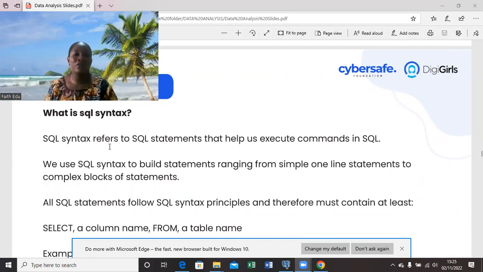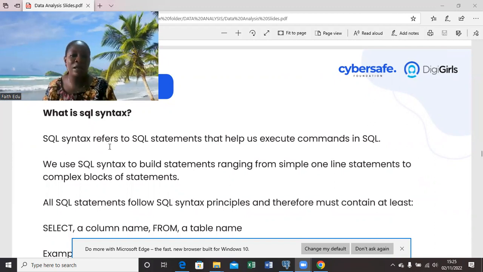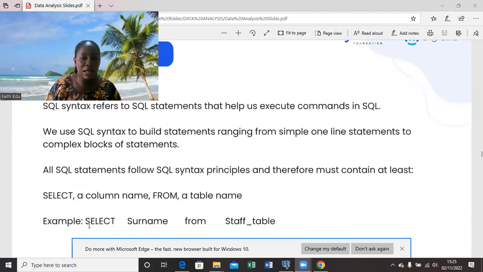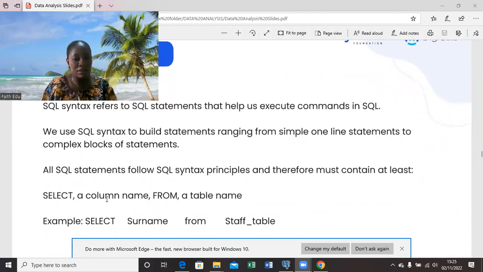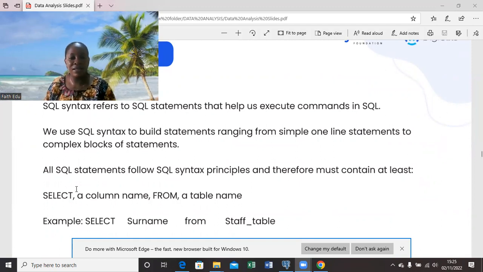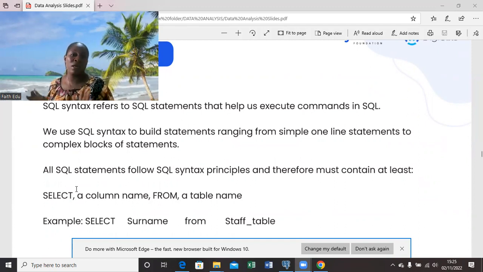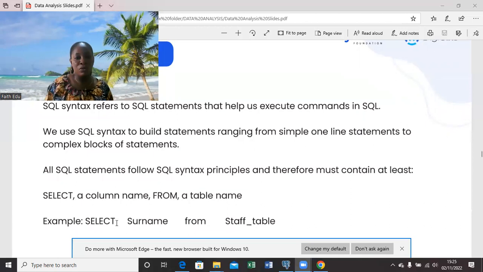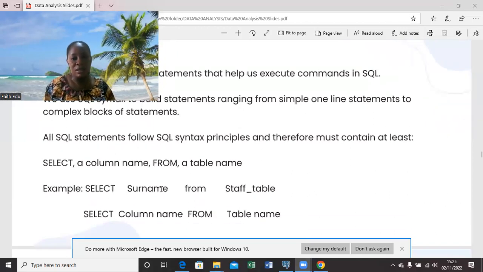All SQL statements must follow SQL syntax principles and therefore must contain at least SELECT, a column name, and FROM, the table name. So you must have at least SELECT and FROM in every statement. For example, you have SELECT surname FROM staff table.